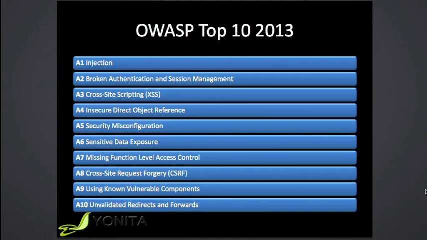And we see what vulnerabilities are the most popular and the most risky for companies. So the first place is injection. How many of you heard about SQL injection? Everyone, right? So SQL injection is the most popular kind of injection, but not only SQL injection.